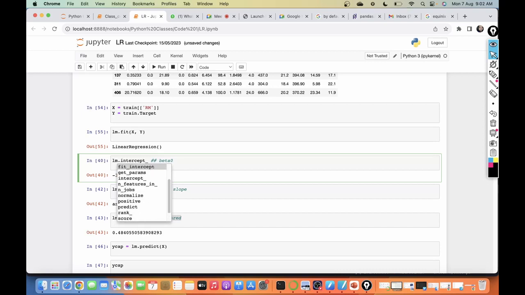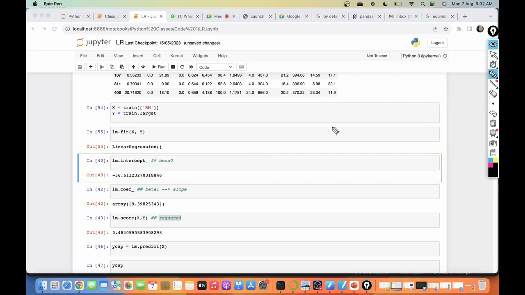Out of this you will find the intercept. What does the intercept represent? Here, y is equal to beta naught plus beta 1 x. So this is our intercept, and this is our coefficient of x1.